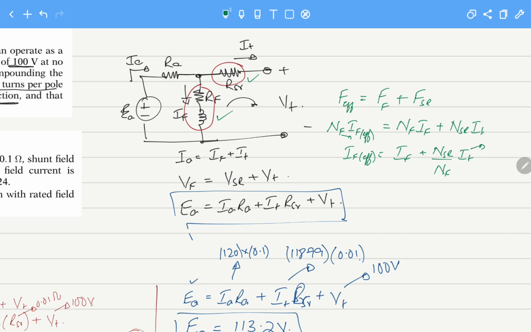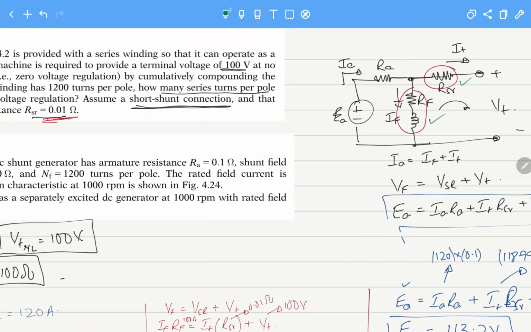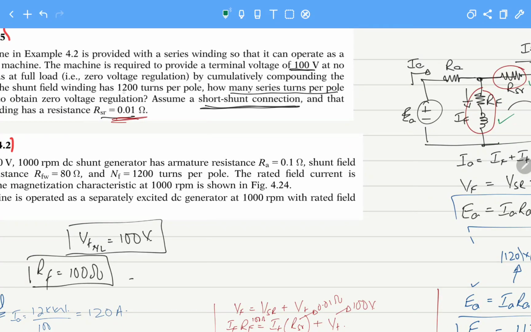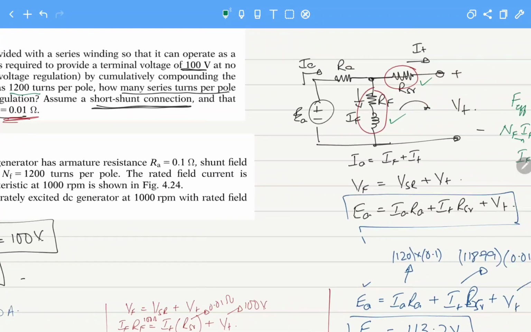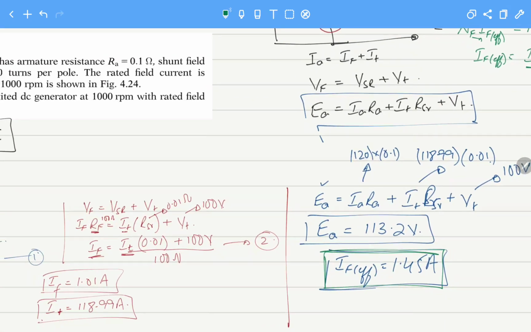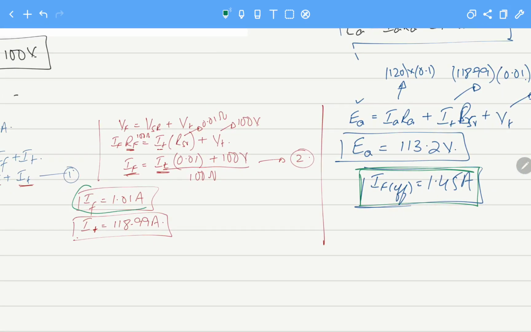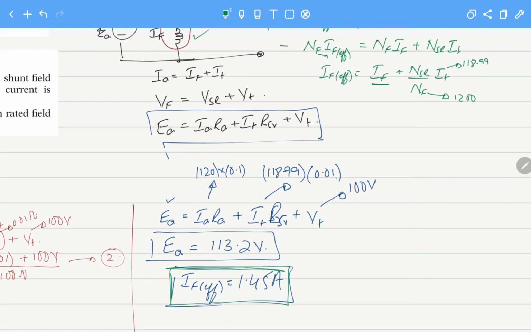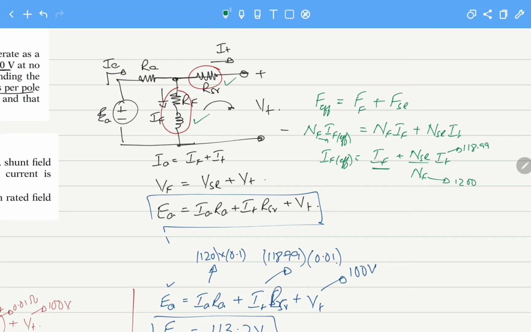Now we know the value of I terminal, that is 118.99. We know the field winding has 1200 turns per pole. And we know the value of IF that we calculated here, 1.01 amperes.